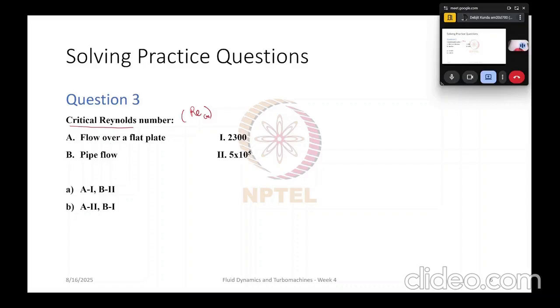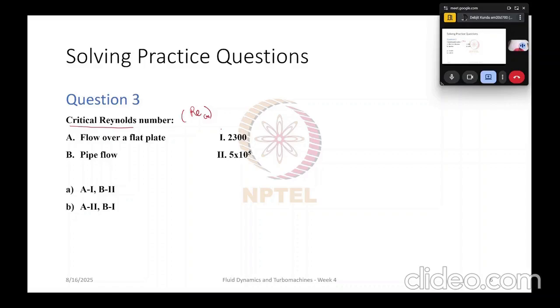The cases being option A, flow over a flat plate, and case B being pipe flow. And there are certain numbers. These numbers are basically the critical Reynolds numbers for that particular flow regime.